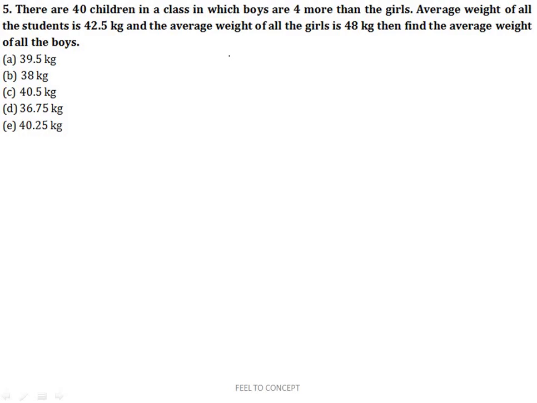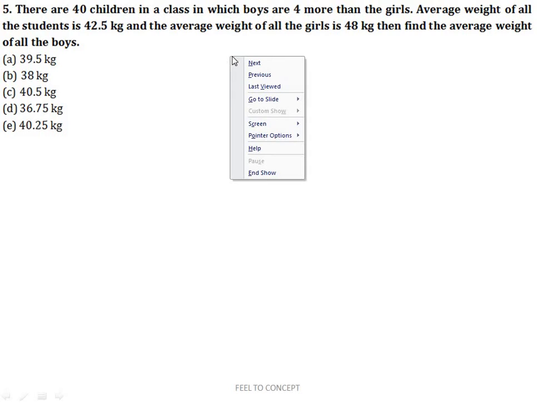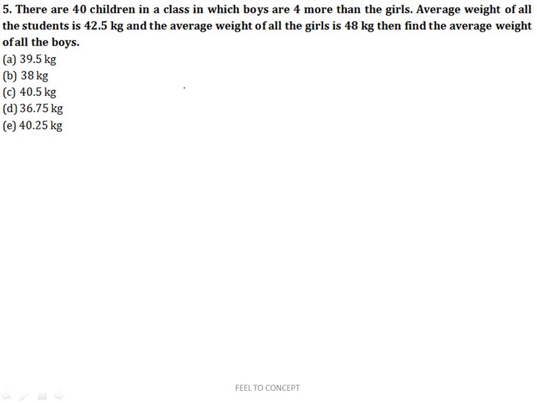There are 40 children in a class in which boys are 4 more than the girls. The difference between boys and girls should be 4. Girls should be x, boys are more, so x plus 4.